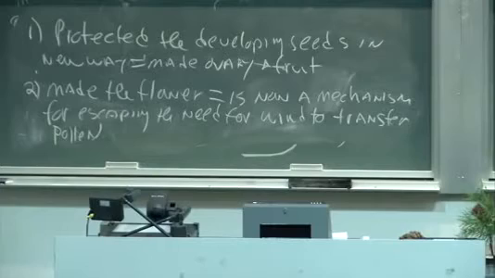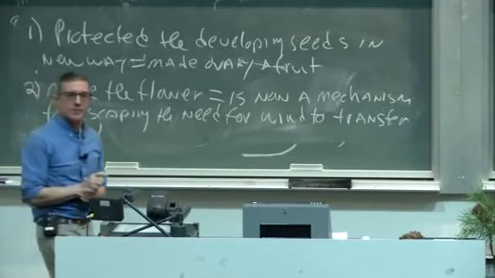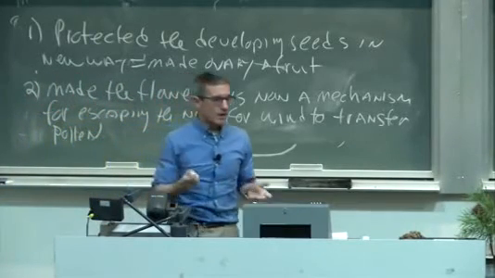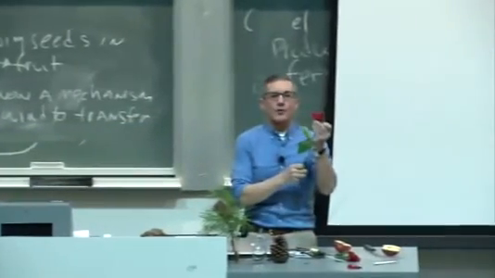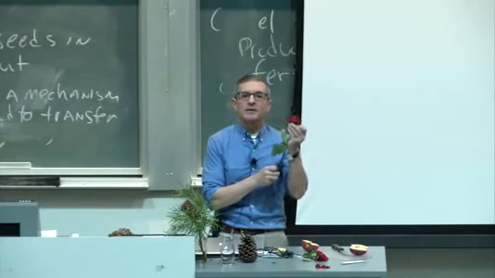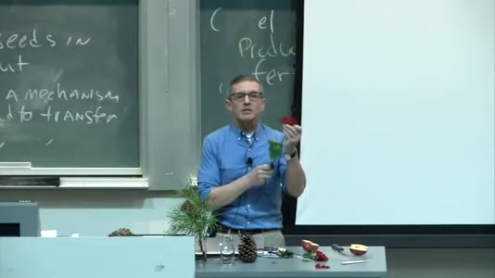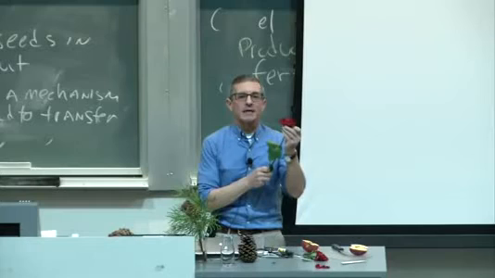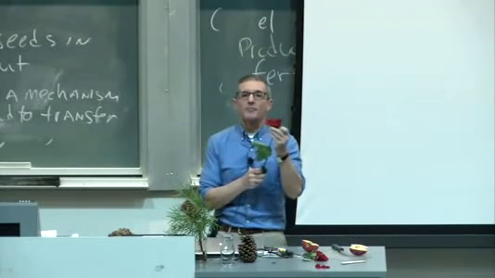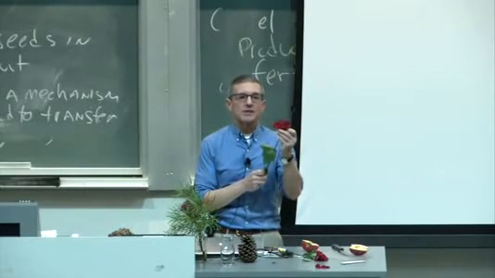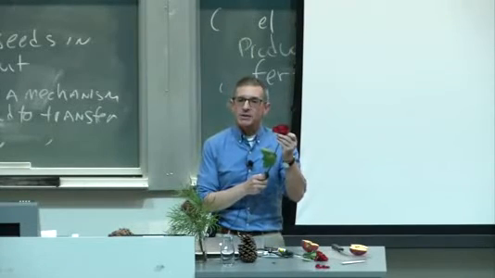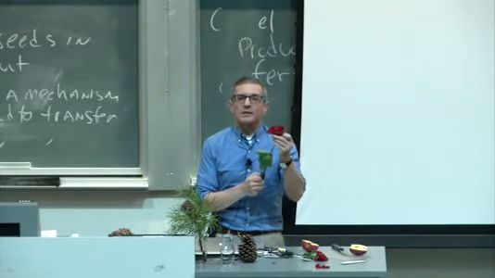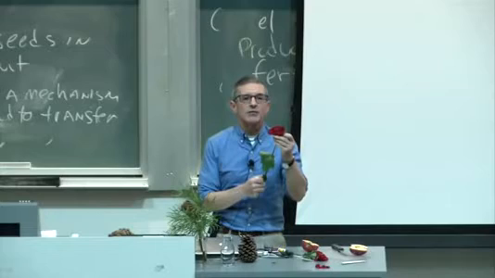Essentially, what the angiosperms have done now is to develop an organ, in this particular case the flower, which not only will form the ovary to protect the developing seeds, but also is part of a mechanism to allow the plant to use some other way of pollination or fertilization that doesn't involve the wind. And that other mechanism involves insects or animals or maybe even fish, other kinds of organisms.